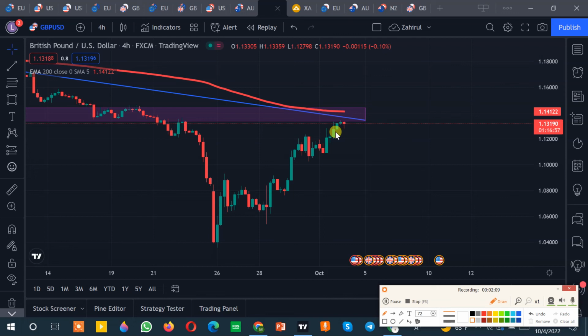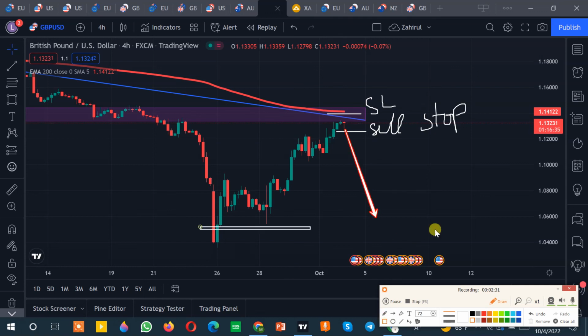So we can wait for breakout this. So it's sell stop. And our stop loss, this is our stop loss. Our target after this level.